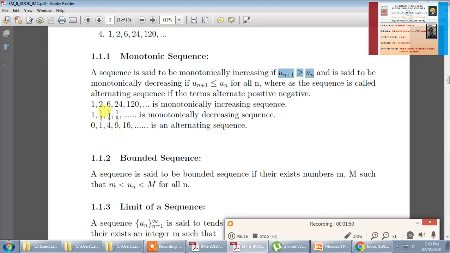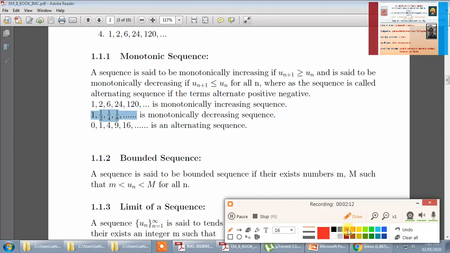Okay, whereas a sequence is said to be alternating if the terms of the sequence are alternately positive, negative. Okay, so see, this sequence is monotonically increasing sequence. You can see that u1 is less than u2, u2 is less than u3, u3 is less than u4, and so on. So the values of terms are increasing, whereas if you consider this sequence, you will find that the values are decreasing.